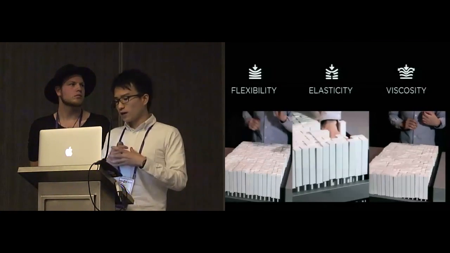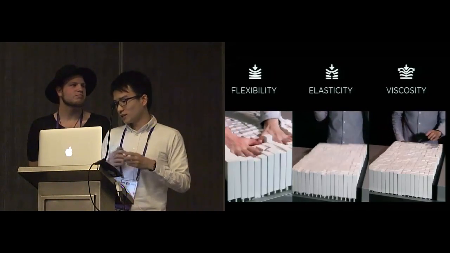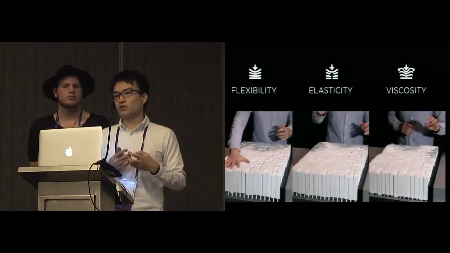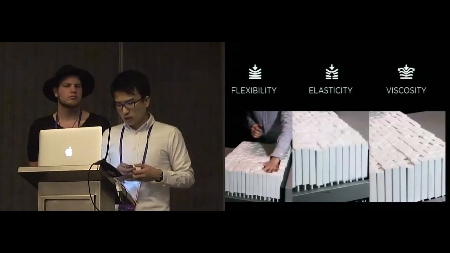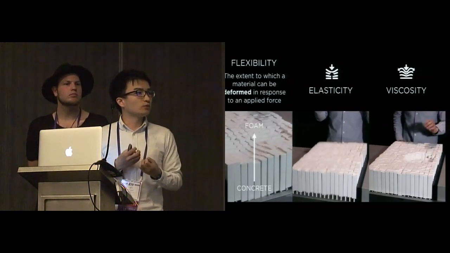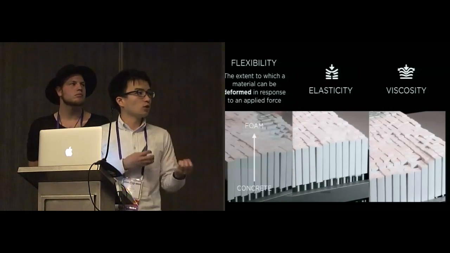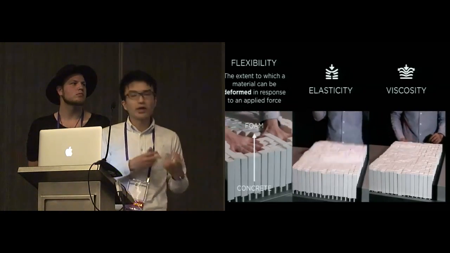Although we believe that lots of you know what these properties mean, we would like to define them here because this is really critical throughout our presentation. Firstly, flexibility is the extent to which a material can be deformed in response to an applied force, which is the inverse of stiffness. So foam is more flexible than concrete.